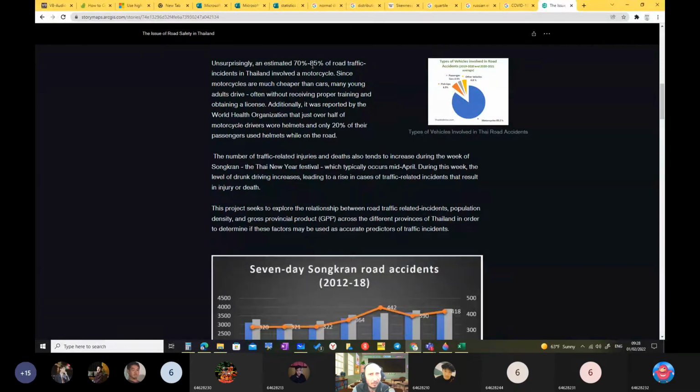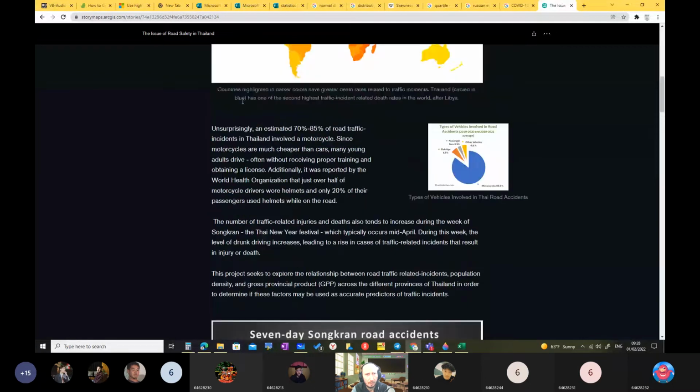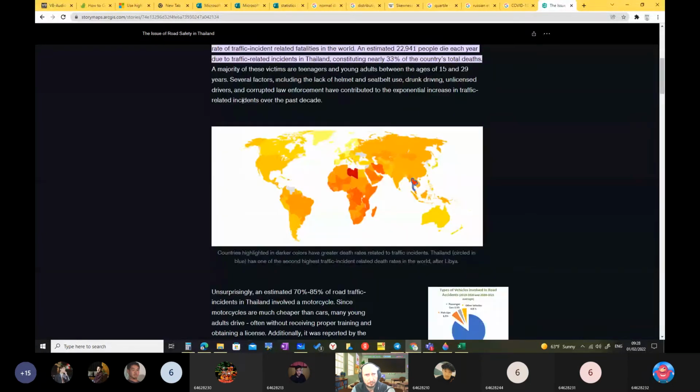An estimated 70 to 85% of road traffic accidents in Thailand involve motorcycles. They are cheaper. Many young adults drive without receiving proper training. No license. The majority are young people between 15 and 29 years old.